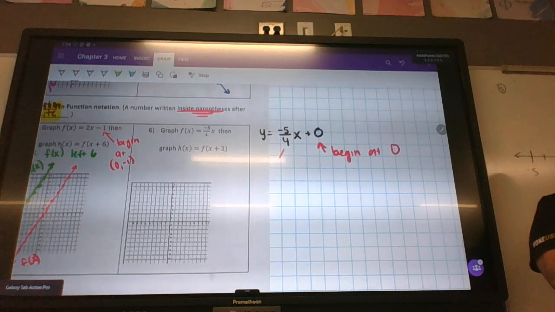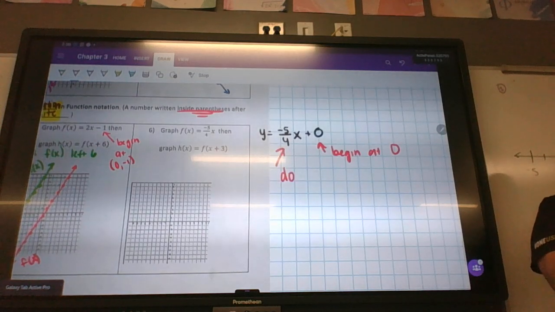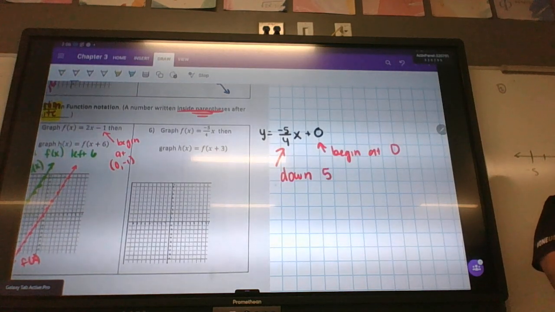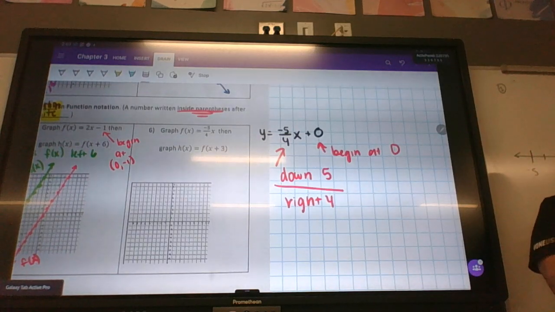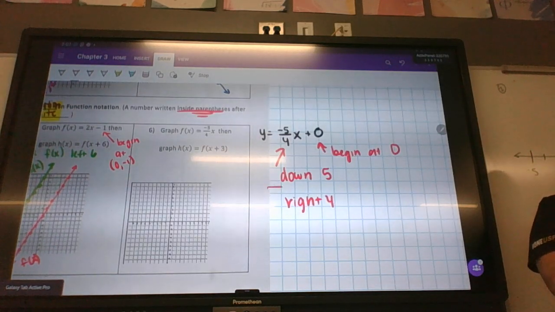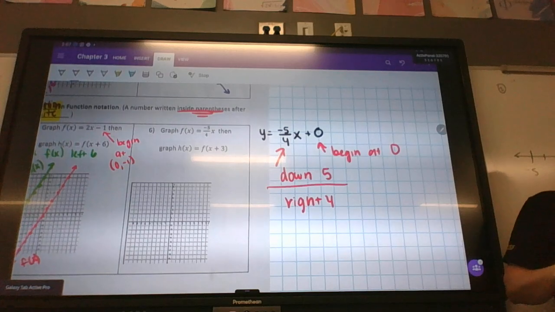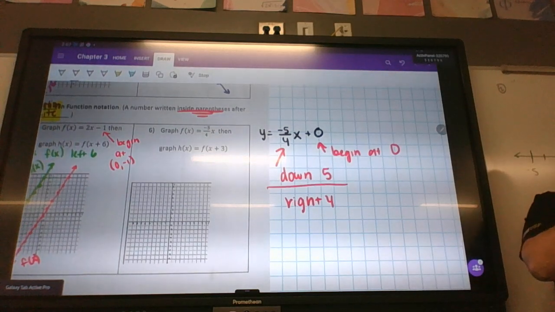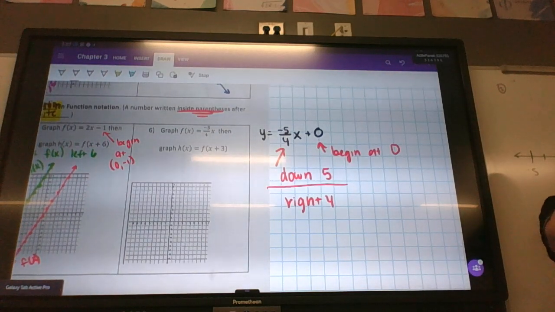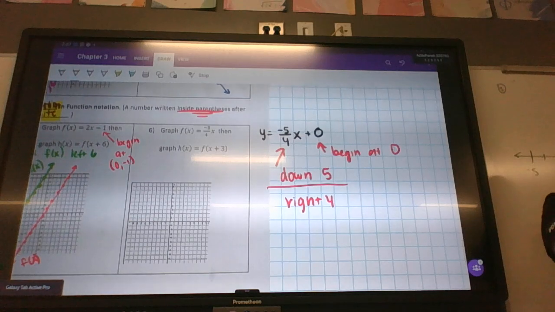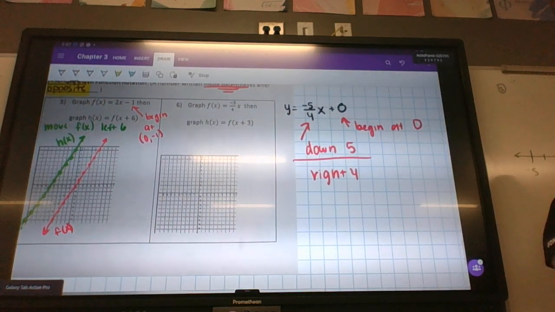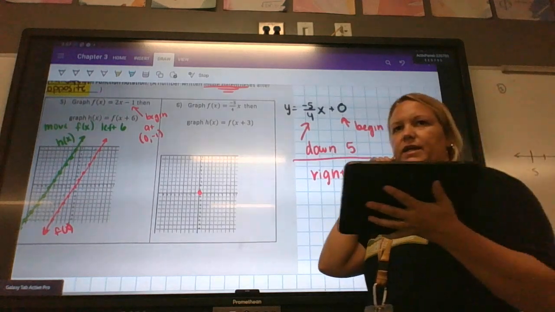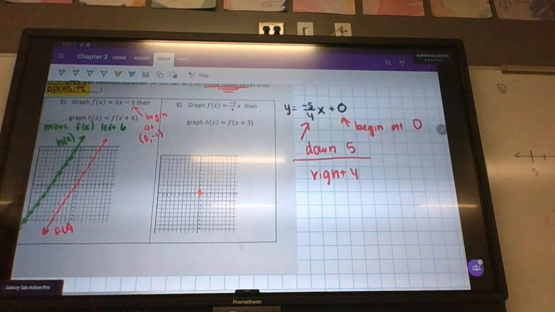And then the move here is actually going to be down 5 and right 4. So I'm wondering if you guys can create a negative slope now. You go down and right, down and right. Was that your question, David? Starting at 0, down 5, right 4.